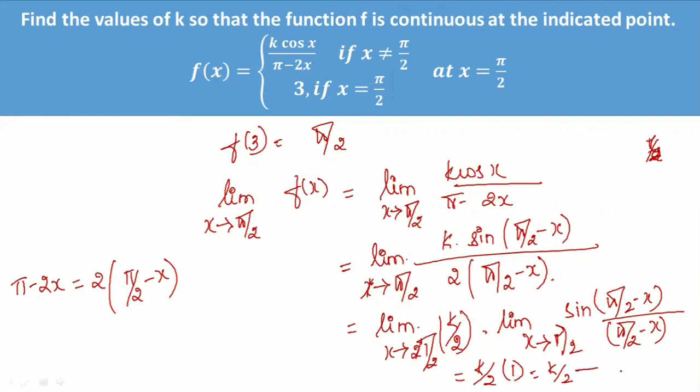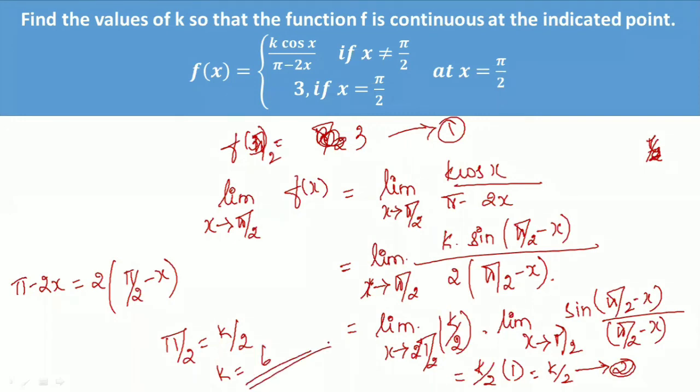This is your second equation, and this is your first one. So from the first and second, you'll get pi by 2 is equal to k by 2. Since f of pi by 2 is 3, 3 is equal to k by 2, so k is equal to 6. Yeah, this is the answer. Sorry for the inconvenience, students.